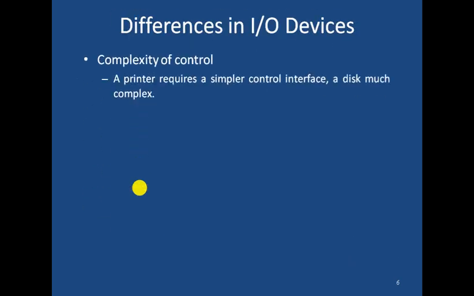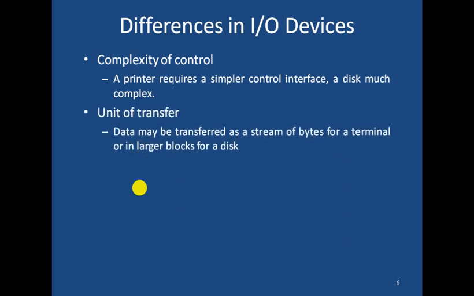Next, based on complexity of control also we can differentiate the I/O devices. In some devices, for example a printer, it requires a simpler control interface when compared to a hard disk. A hard disk has a very complex control interface.